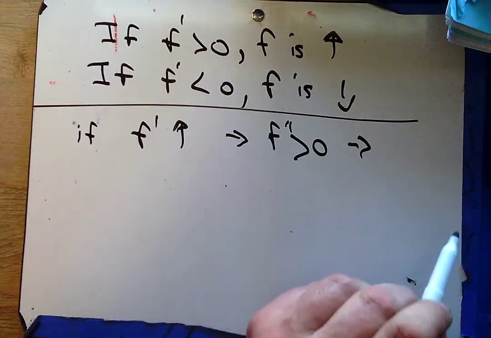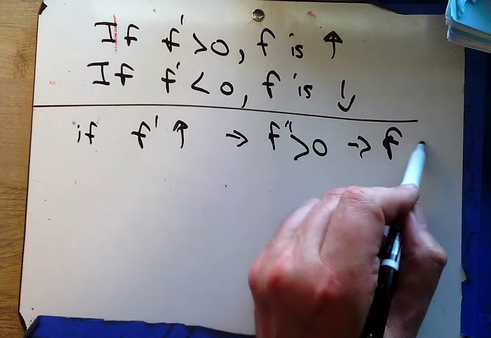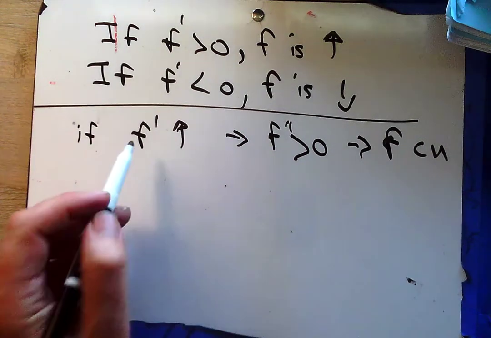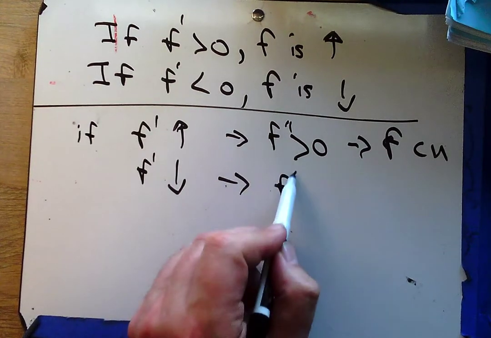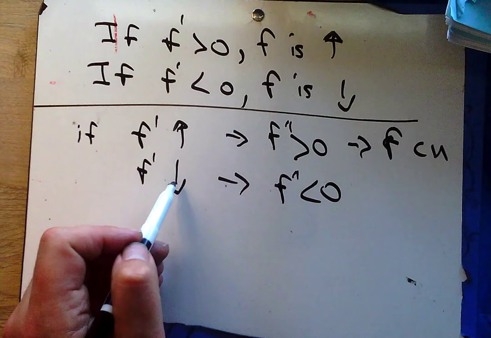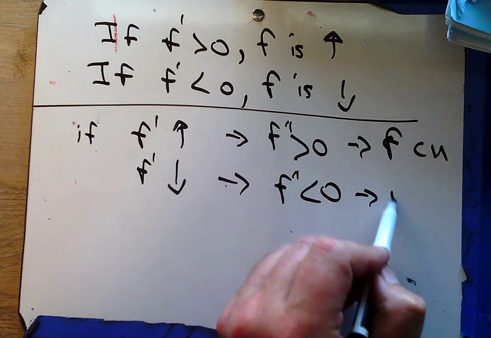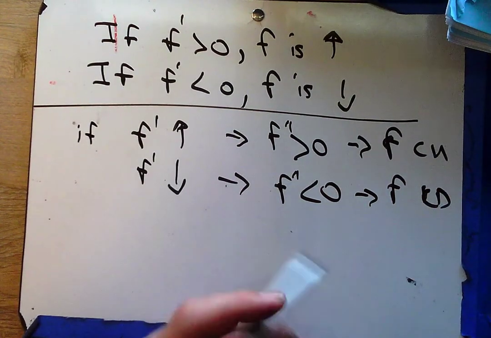If f double prime is greater than 0, didn't that also mean f was concave up? Yes, it did. And so if f prime is decreasing, then we know that f double prime is less than 0 because these are negative slopes, which means I have negative y values on f double prime. And that means that f is concave down.